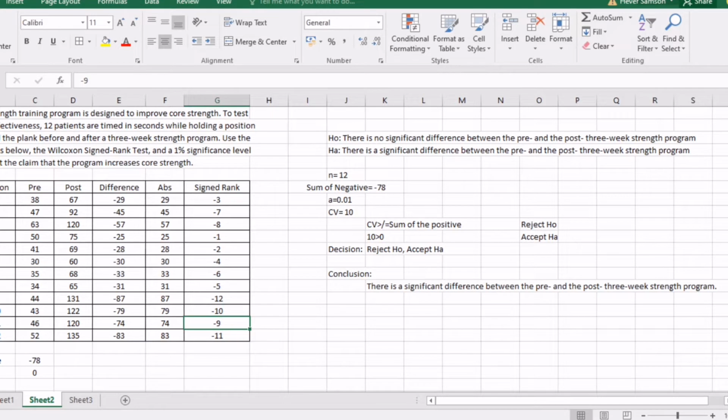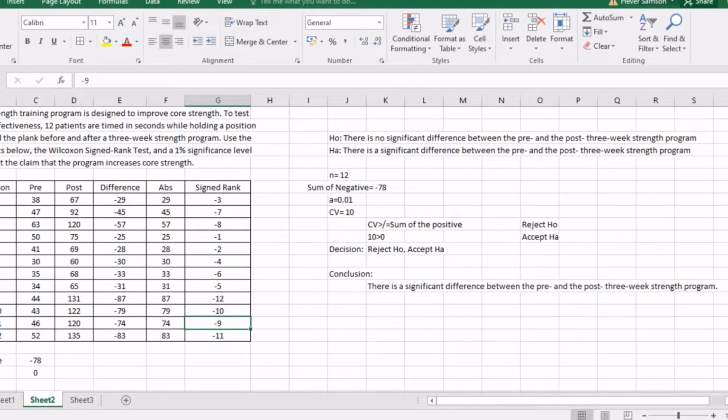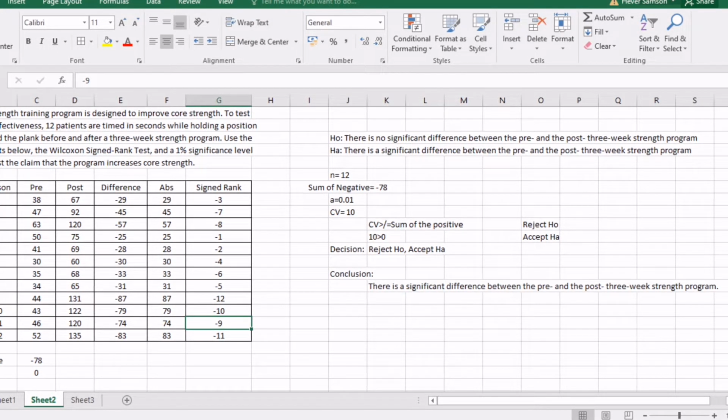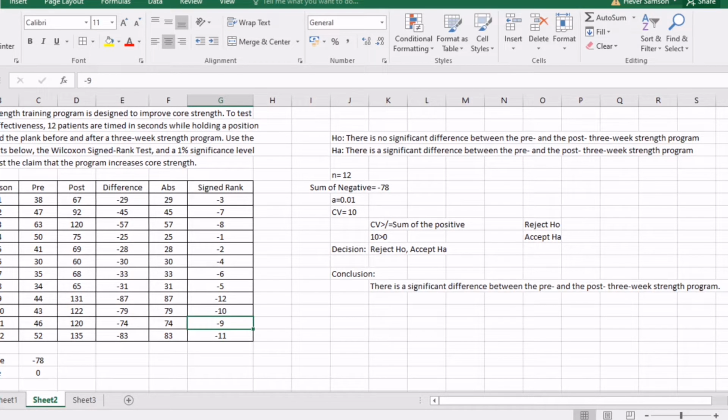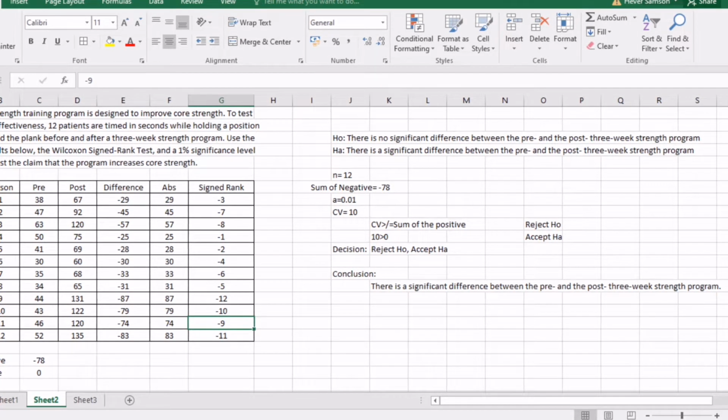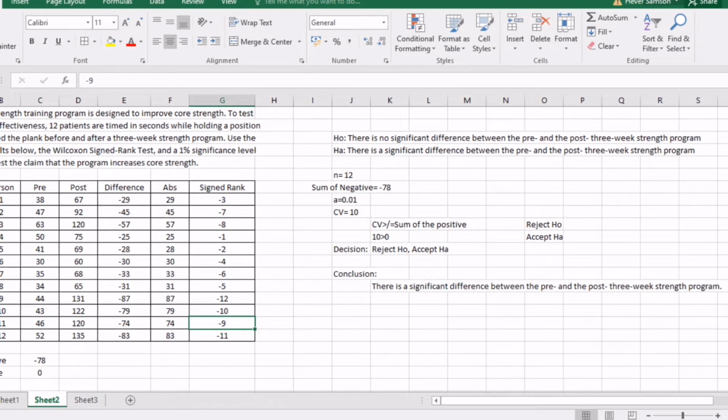Now, we will test if there is a significant difference between the two. We have to get the difference between the pre and the post. To do this, we will just be subtracting the pre from the post. So we have 38 minus 67, so negative 29, and we will keep doing it until the very last.